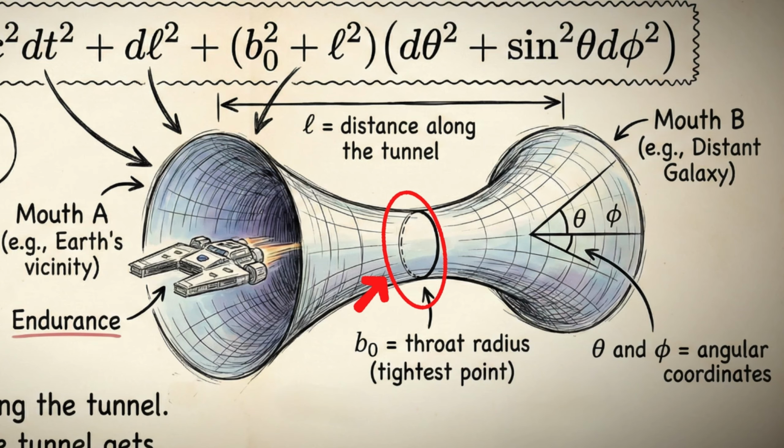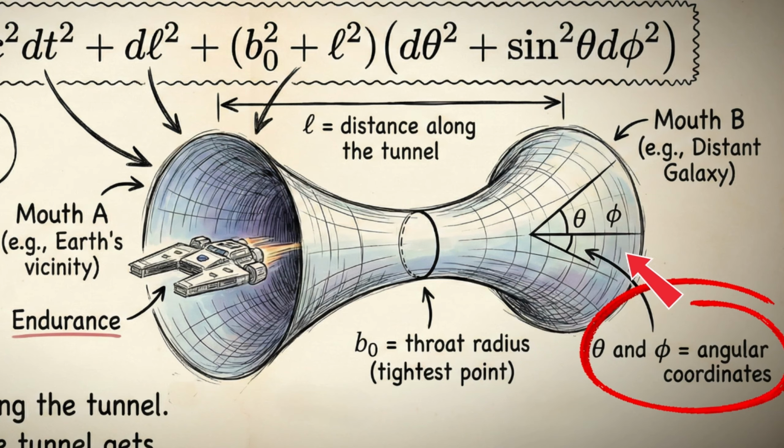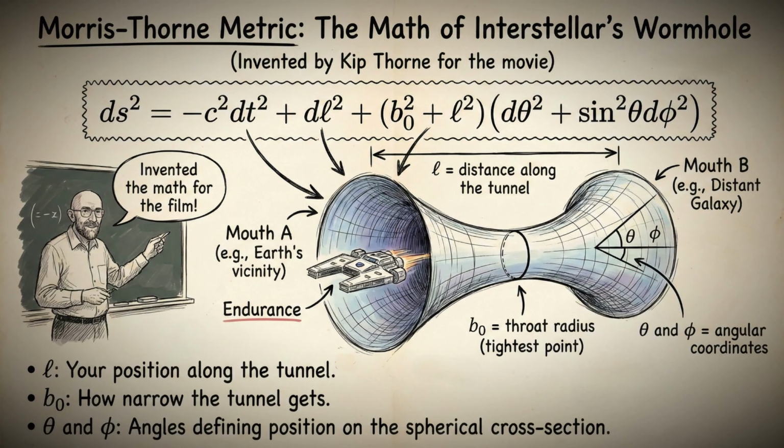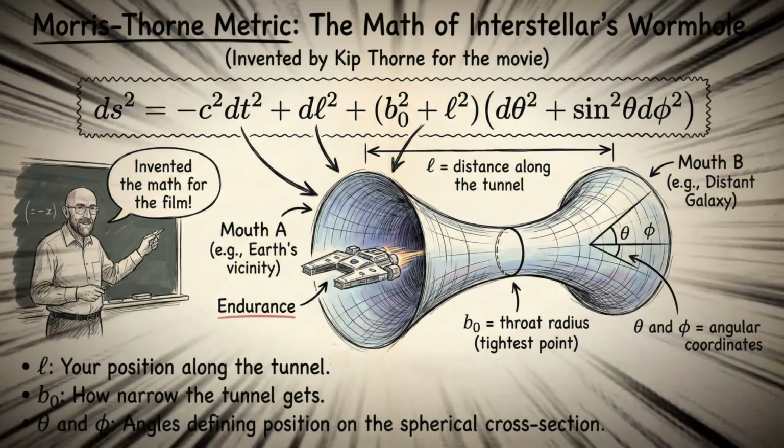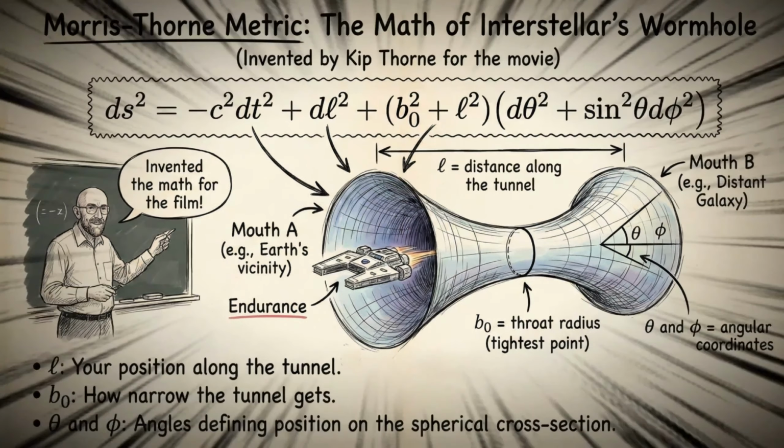B0 is the throat radius, how narrow the tunnel is at its tightest point, and theta and phi are angular coordinates. Here's the magic. If you travel the L coordinate from one mouth to the other, you traverse billions of light years instantaneously. The wormhole shortcuts space-time.